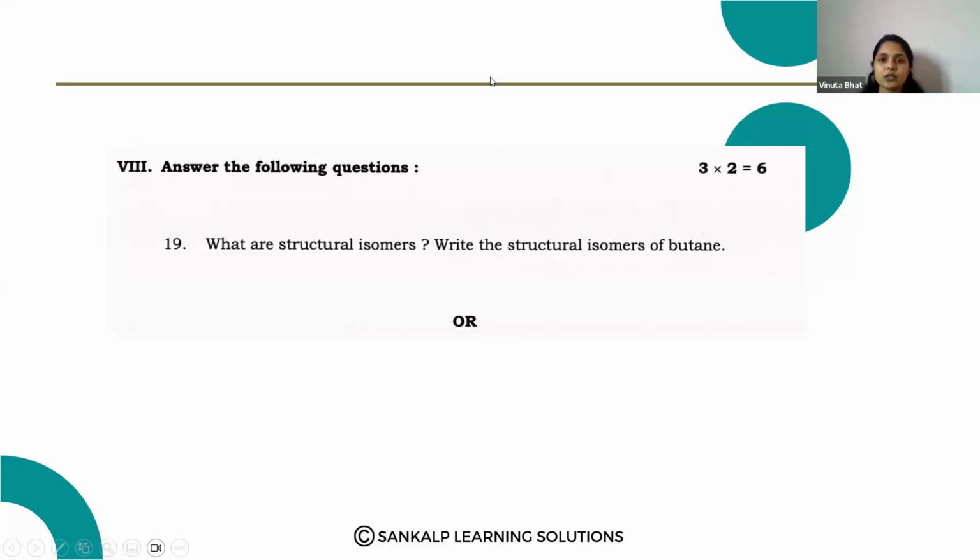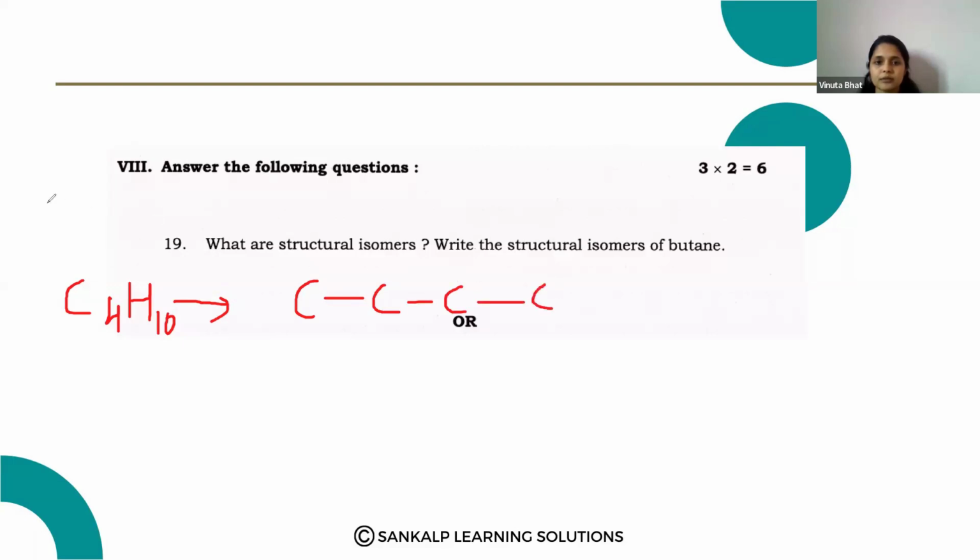Here, let us write the structural isomers of butane. First you should know the molecular formula of butane, that is C4H10. First, 1, 2, 3, 4 carbon.